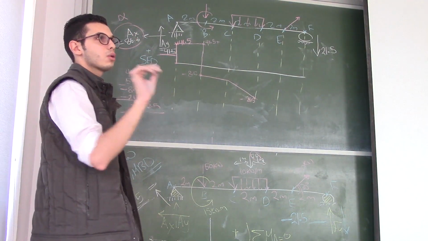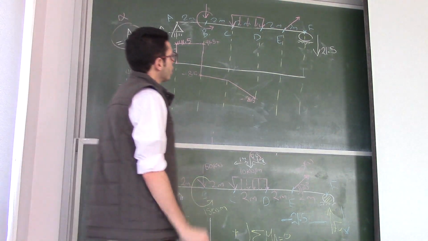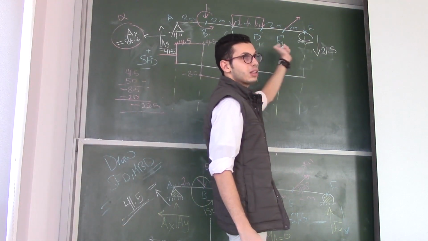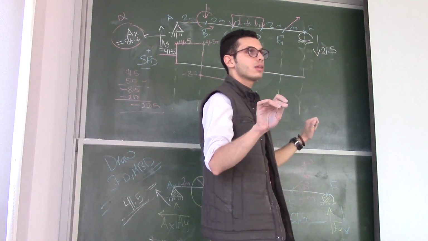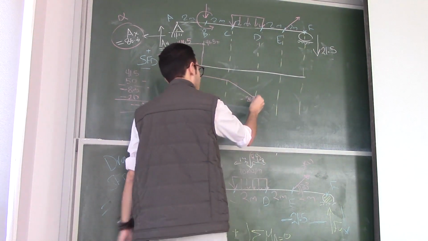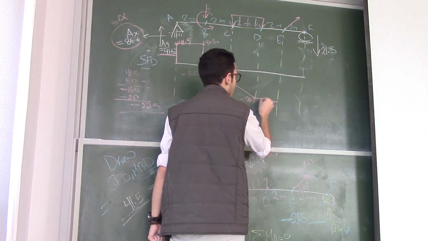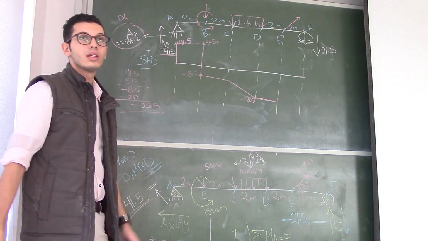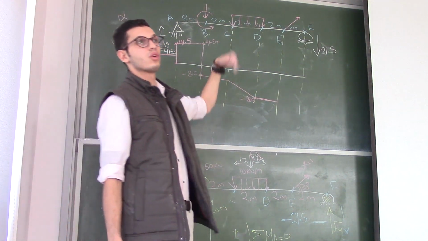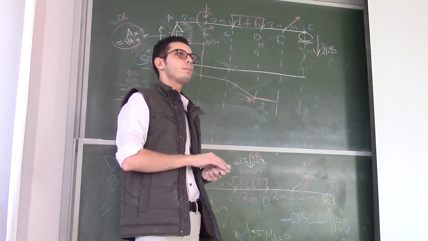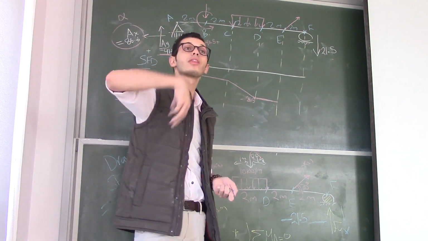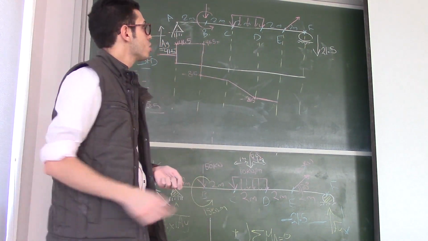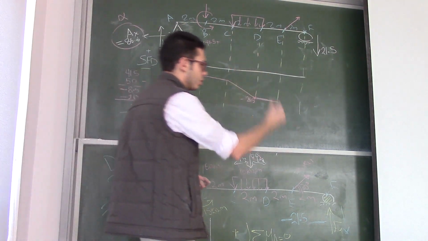Yes. Any question? Cool. Now, between point D and point E, there is nothing acting on the force, right? So I will remain constant, like this. Cool. Now, I have an inclined force, right? The X component does not affect the shear, but the Y component will. The Y component is upward, like this.